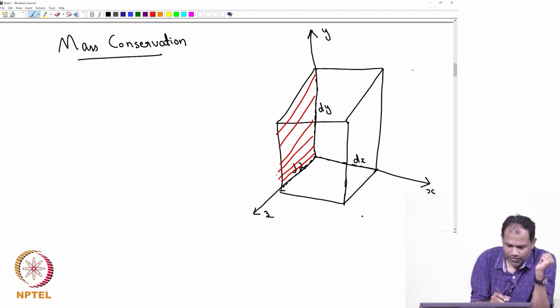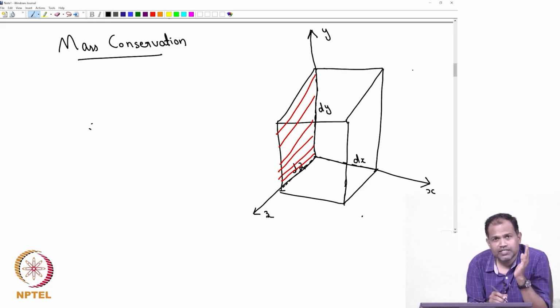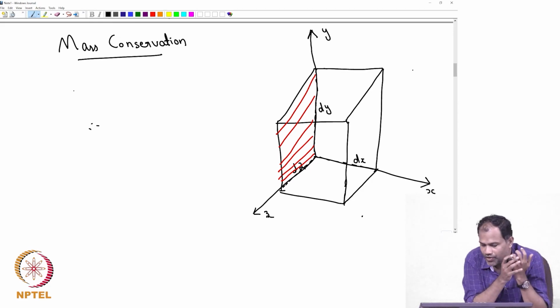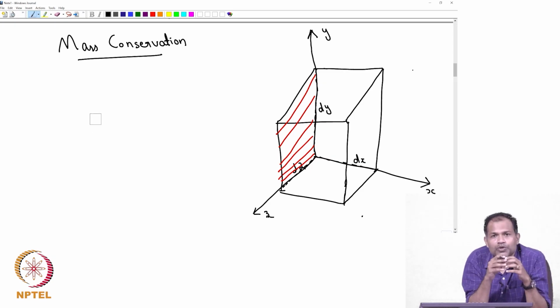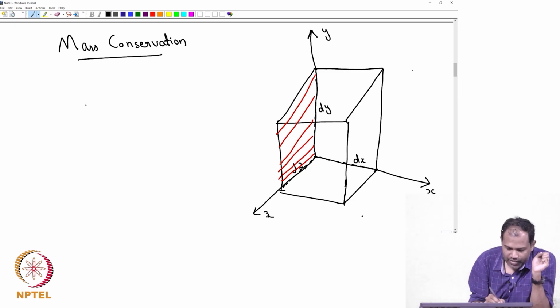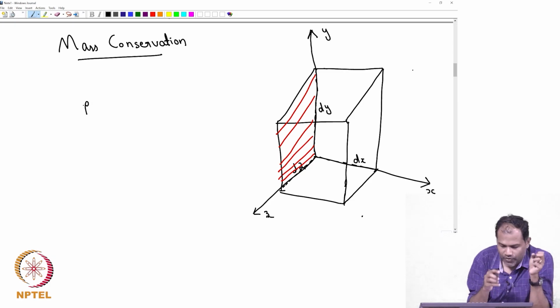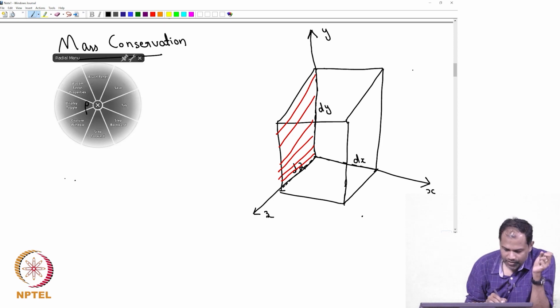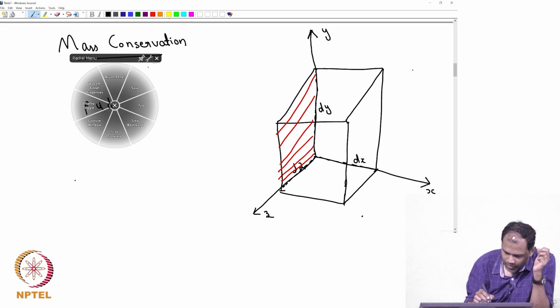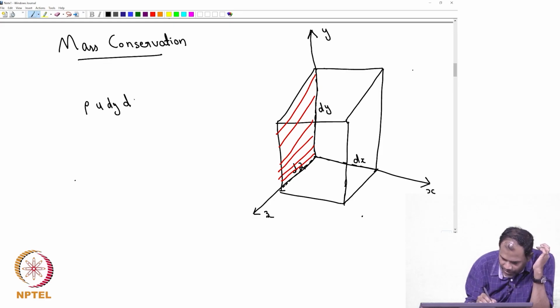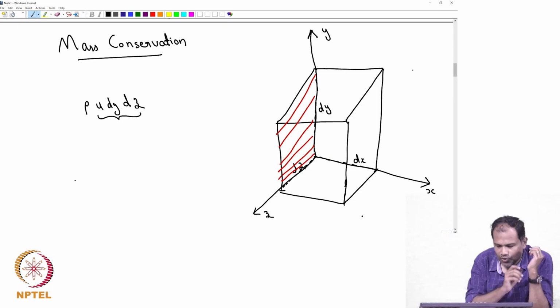So, if I look at the phase x and I want to calculate the total fluid that is entering, what I want to write is the total mass that is entering, and the total mass is going to be equal to density times the volumetric flow rate. The volumetric flow rate is going to be u times dy dz, times dt.